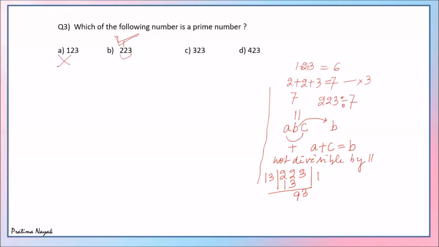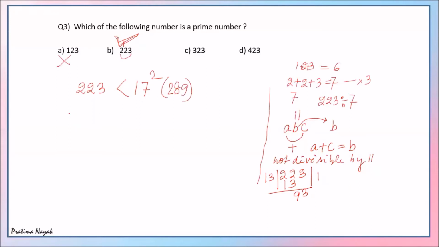Now, why? What is the logic? This logic is 223 is less than 17 square. So I won't go for 17. 17 square means it is 289. So I won't test 17.